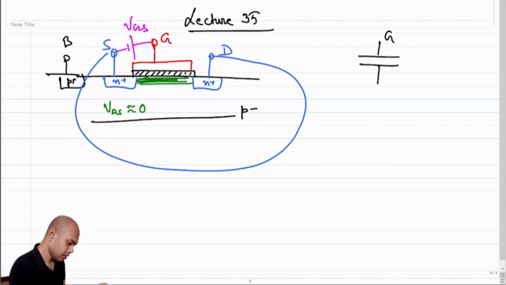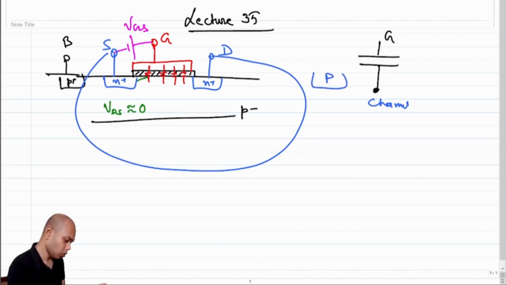So this is gate and this is the channel. We can think of this as a distributed capacitance between the gate and the channel, correct? So essentially we have capacitance between the gate and the channel, and you also have source and drain contacts on either side.